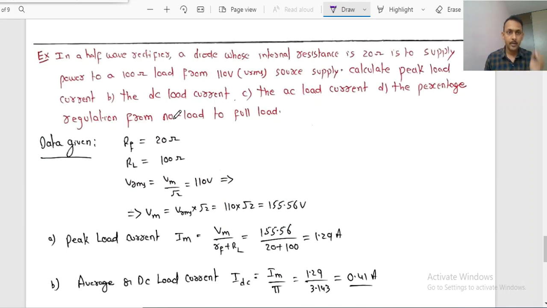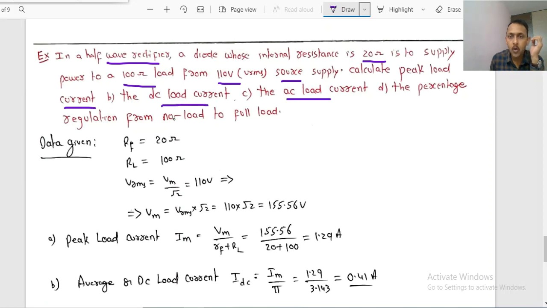A half-wave rectifier diode whose internal resistance is 20 ohm is to supply power to a 100 ohm load from a 110 volts source supply. Calculate peak load current, DC load current, AC load current, percentage regulation from no load to full load.